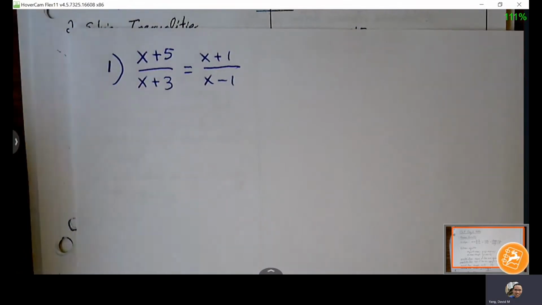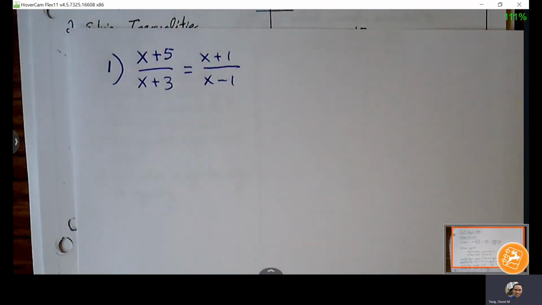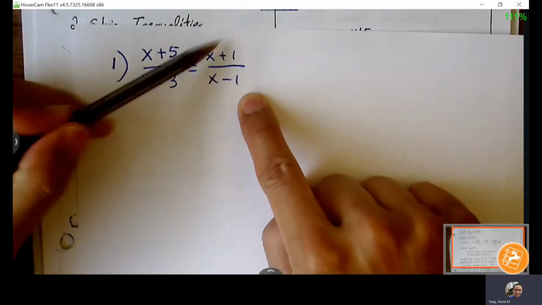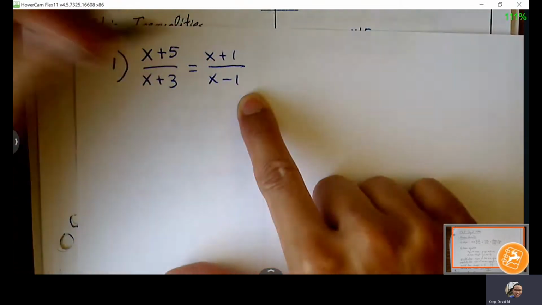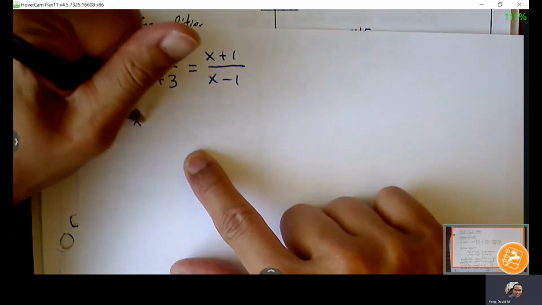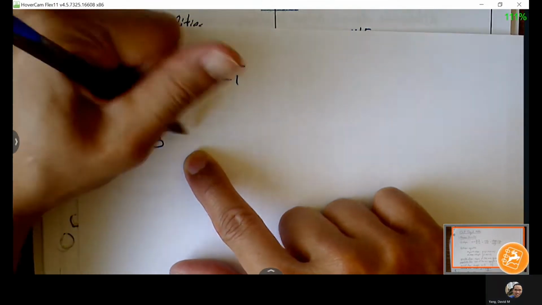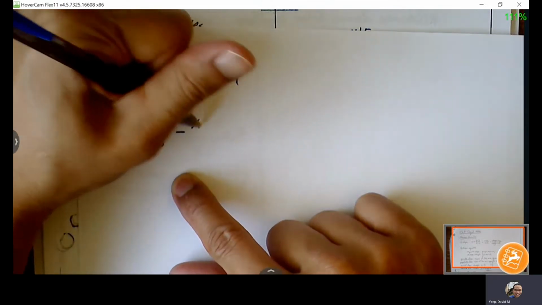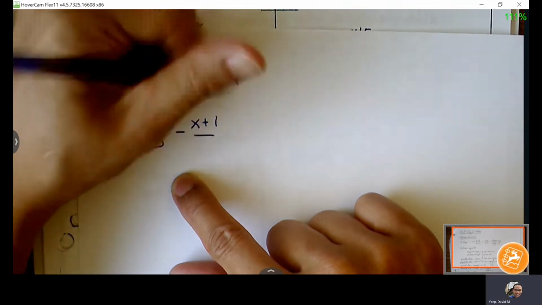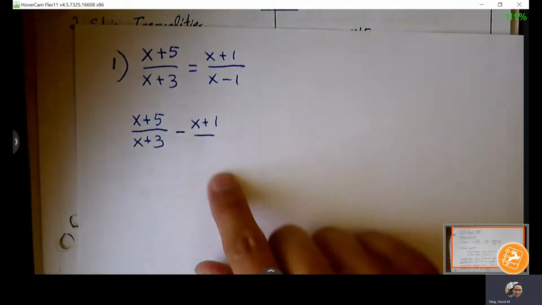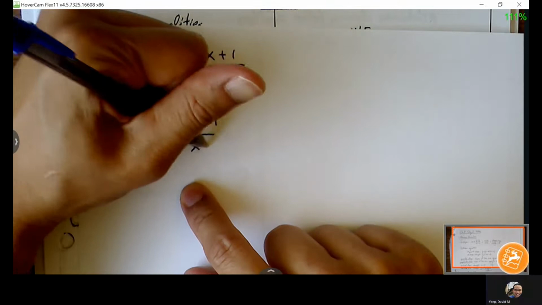Also, if I can get this as an equation set equal to 0, it just makes things a little bit cleaner. So I'm going to subtract this fraction on the right side over to the left. I'm just picking that fraction up and moving it to the left side.